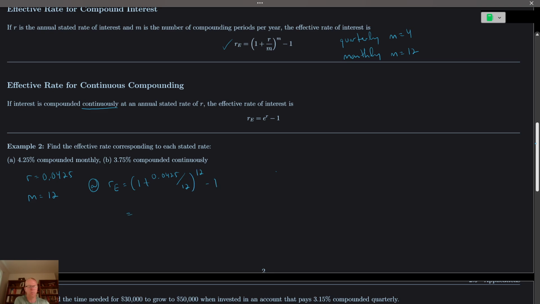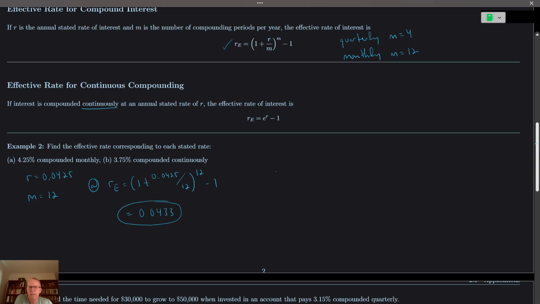And you can probably put this in all at once. Be a little bit careful, but it's not too complex. And so we get 0.0433.